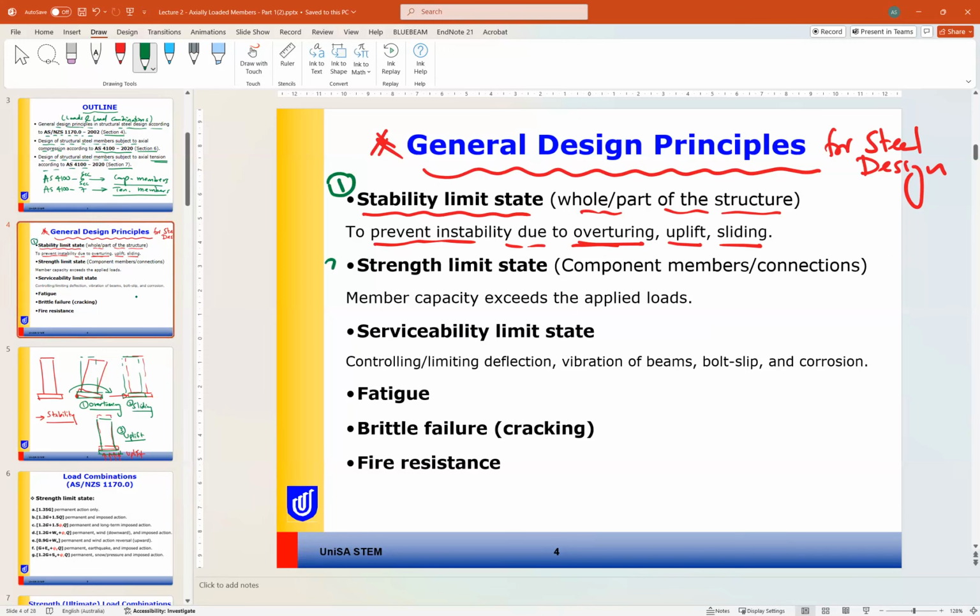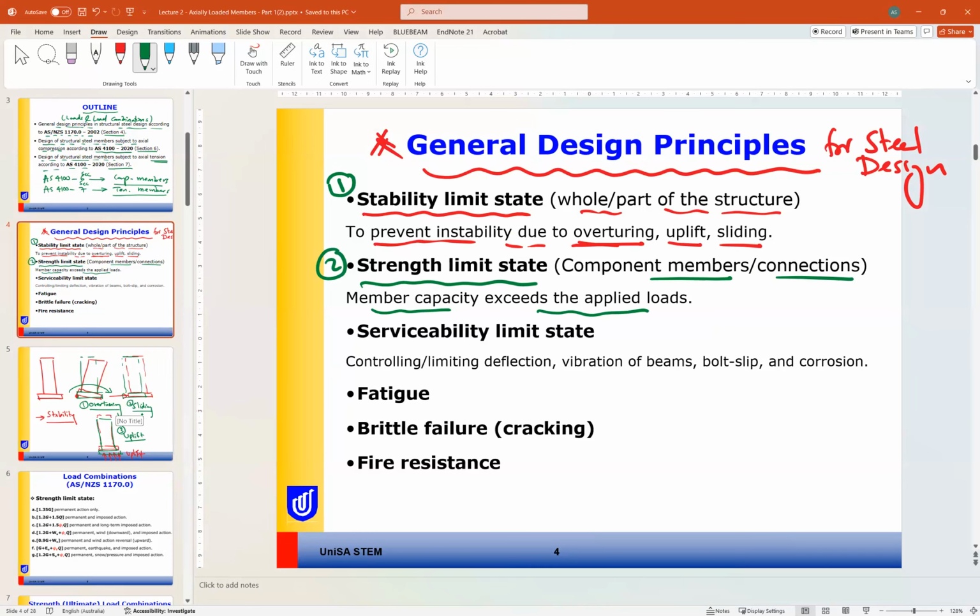The second criterion of steel design is the strength limit state design for components, members, or connections. So we need to ensure that the member capacity exceeds the applied loads to this structure or to these elements.